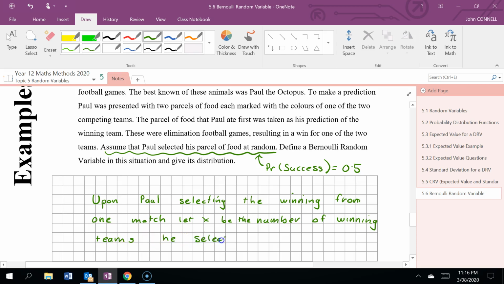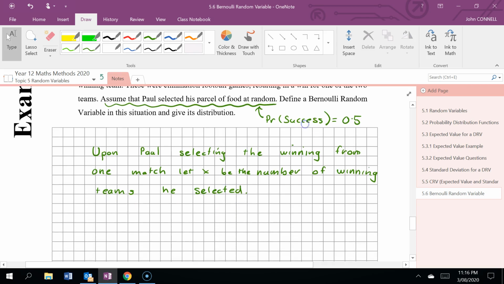So if he's selecting the winning team from one match, he can either get it right, and so he's selected one winning team, or he can get it wrong, and so he's selected no winning teams. So the only possibilities are 1 or 0. Probability of him selecting the winning team, well, that was at random, so it's a half. Probability of selecting the non-winning team is also a half.